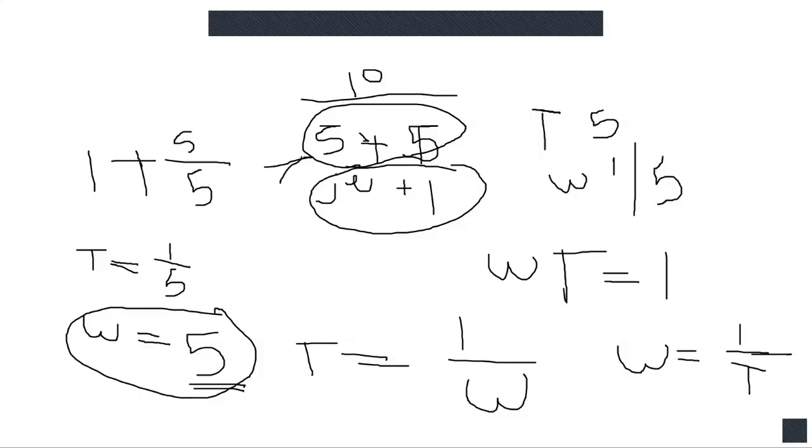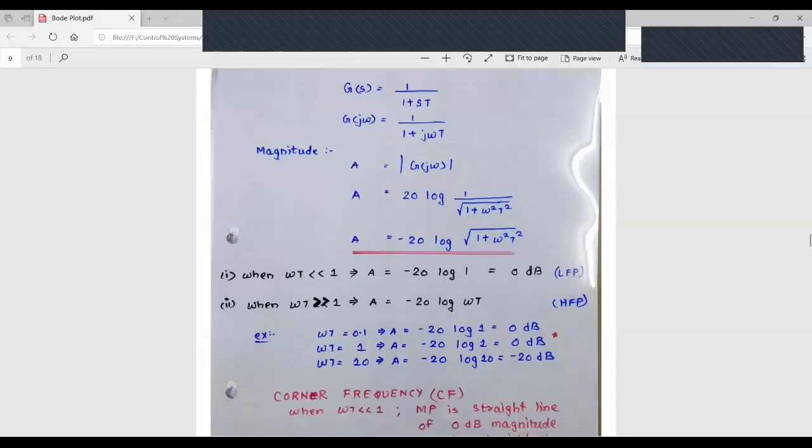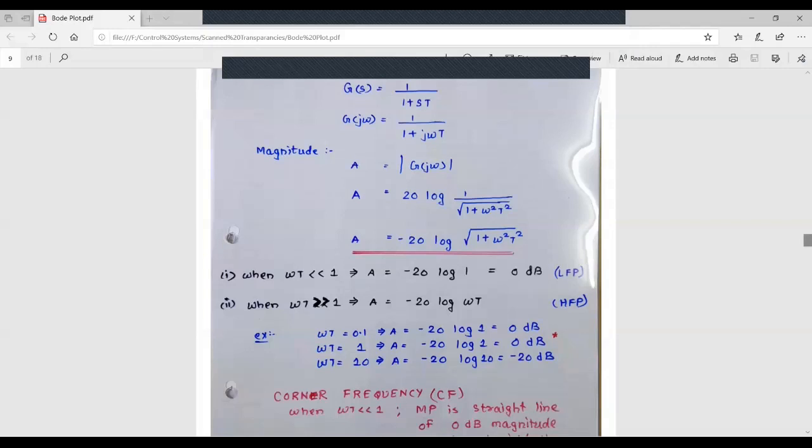Okay. So now let us go back to the screen. This is the formula, corner frequency, what I was talking about. Now, always remember, this is an approximation, right? Because we have made this approximation, omega t less than 1, omega t greater than 1. We have a threshold at omega t equal to 1. Suppose now if t is equal to 1 by 5, omega will be equal to 5.